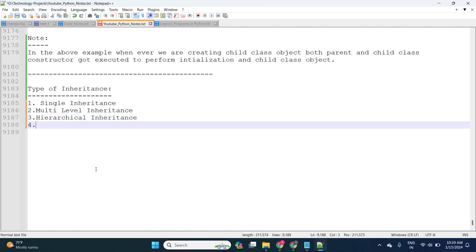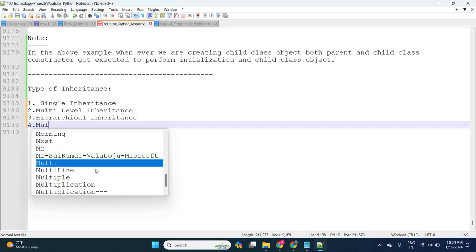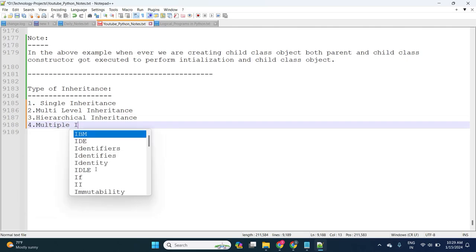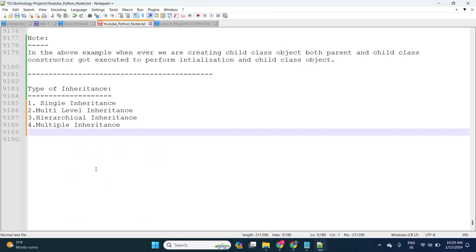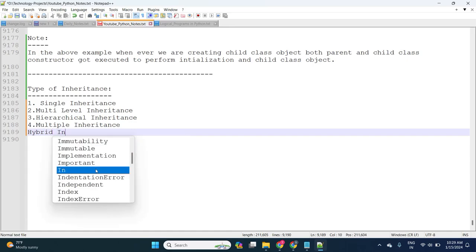Fourth one, multiple inheritance. Next, hybrid inheritance.